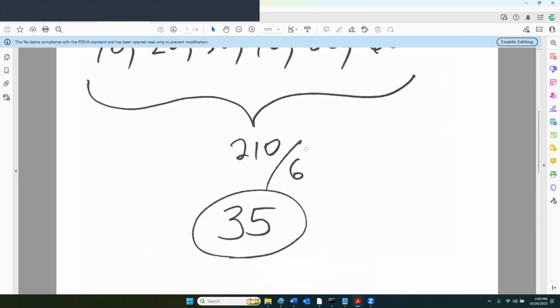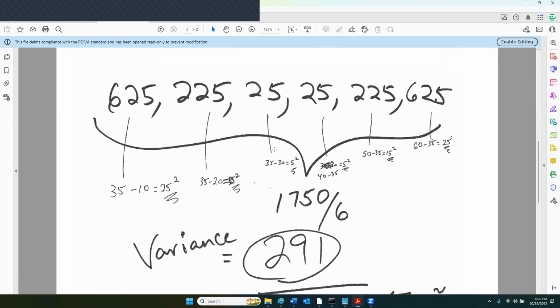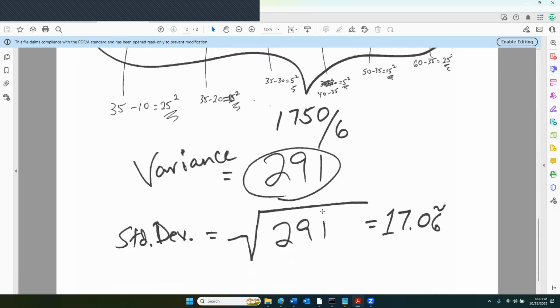Because when you look at these values, there's quite a bit of difference between them. But let's shrink the variation, a case where there isn't much of a difference anymore. When you finish calculating variance and then calculate the standard deviation, what will happen is that you get a huge number.